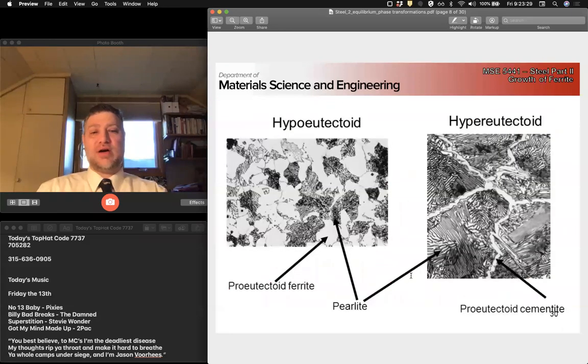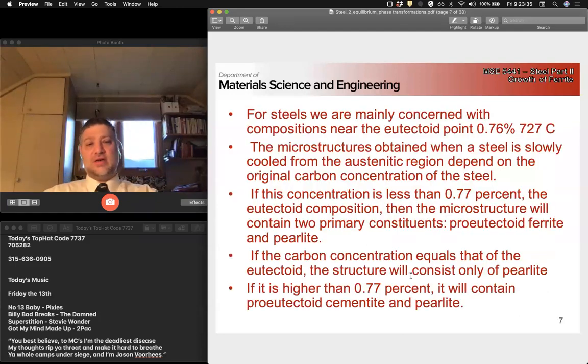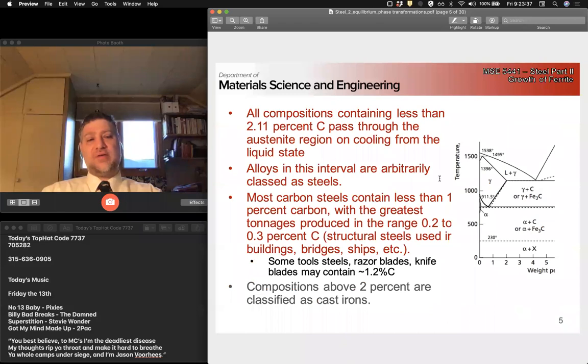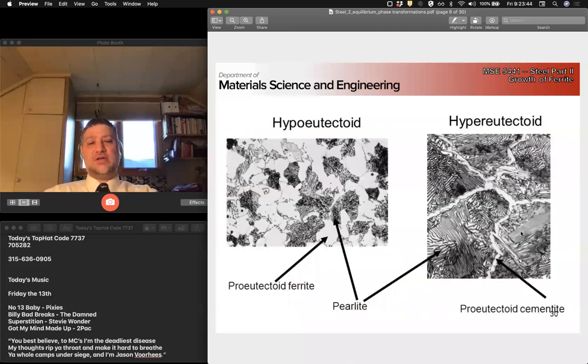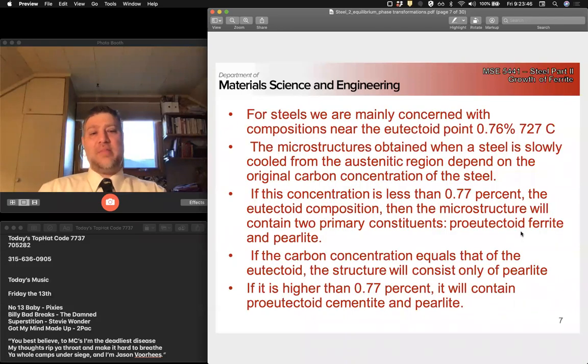But I do want to talk about all of the various phase transformations coming from austenite, the austenite phase field, right? So the max solubility is at the eutectoid point of 0.76%.